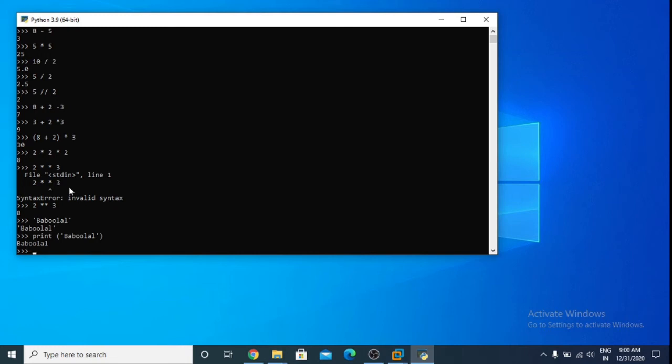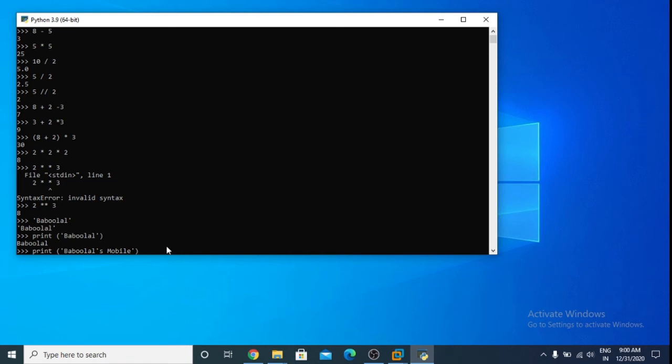Now I'm trying another print, Babulal's mobile. Here I used a single quote 3 times, so it's confusing to compile.